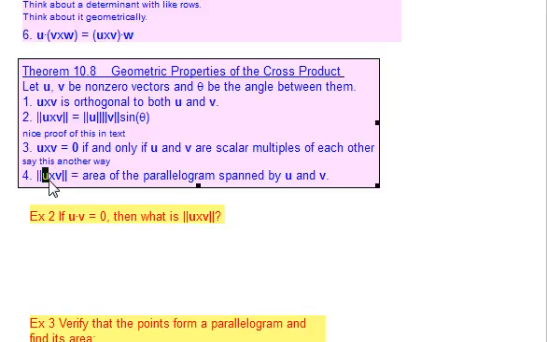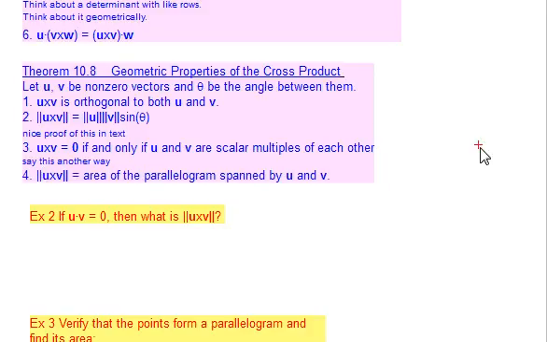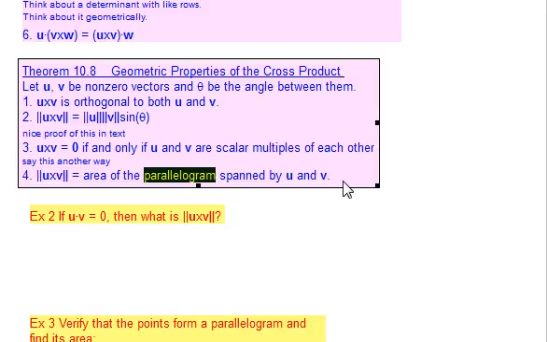By the way, of course, they also would span a triangle if you just join the tip of u and the tip of v, and they make a triangle, and of course you could probably guess that the area of the triangle was half the area of the parallelogram. So if you wanted to know the area of the triangle spanned by u and v, find the length of the cross product and divide by 2.